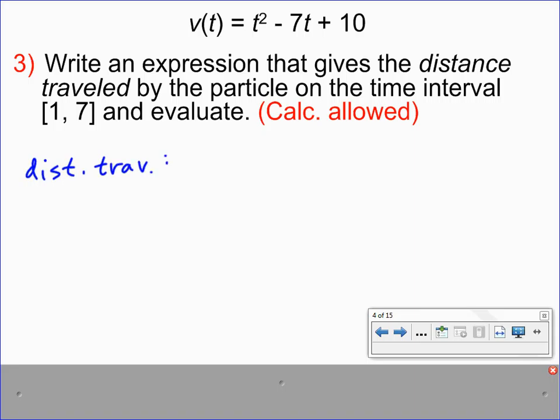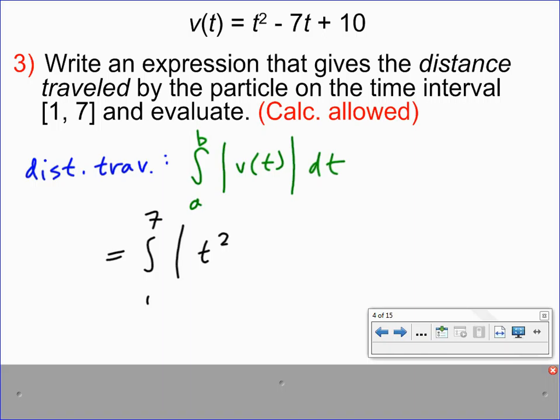So I'll go ahead and abbreviate distance traveled. In general, it's the integral from a to b of the absolute value of v of t with respect to time. In this specific context, that's the integral from 1 to 7 of the absolute value of t squared minus 7t plus 10 dt.